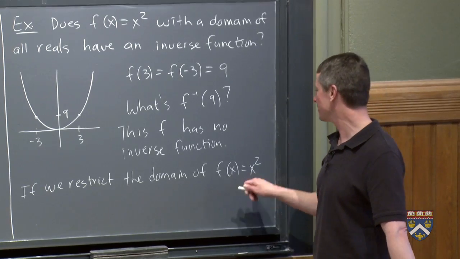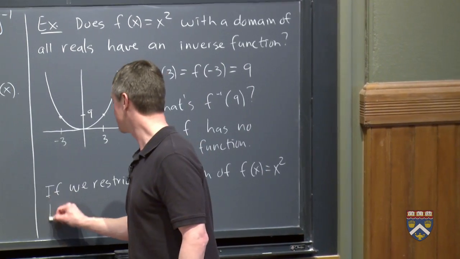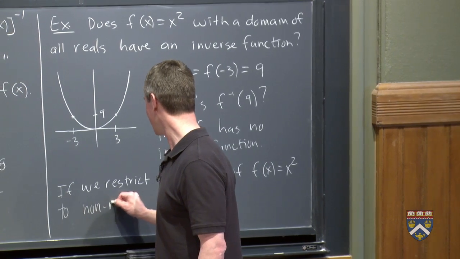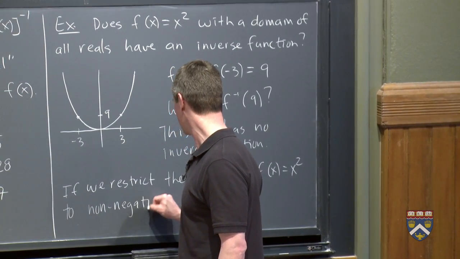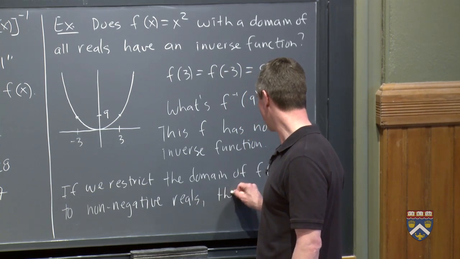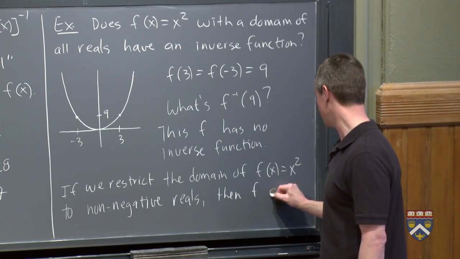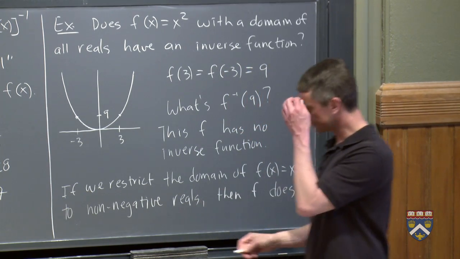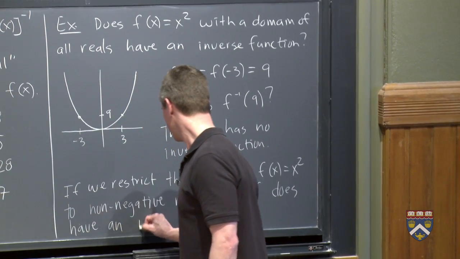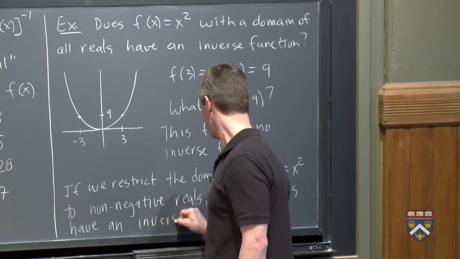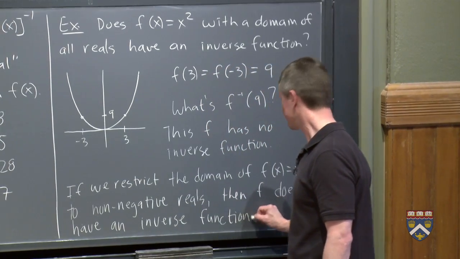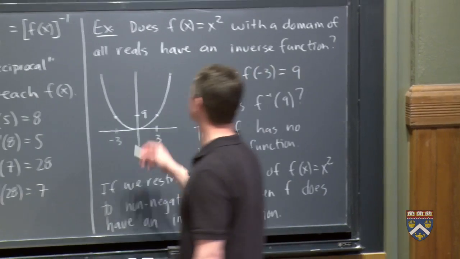So if we restrict the domain of f of x equals x squared to the non-negative reals, then f does have an inverse function. Because then I'm ignoring this whole side.